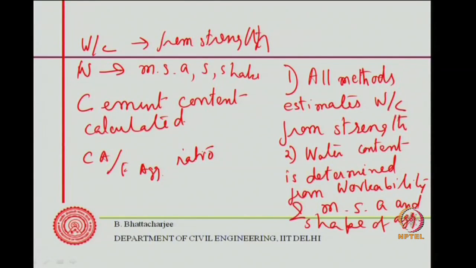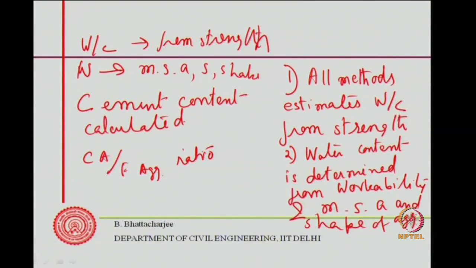So, the diagram that we showed in the very first class related to the general mix design procedure, that is how it follows. Strength is a function of water cement ratio. Durability requirement, based on the chemical exposure, determines the water cement ratio, and strength also governs the water cement ratio.